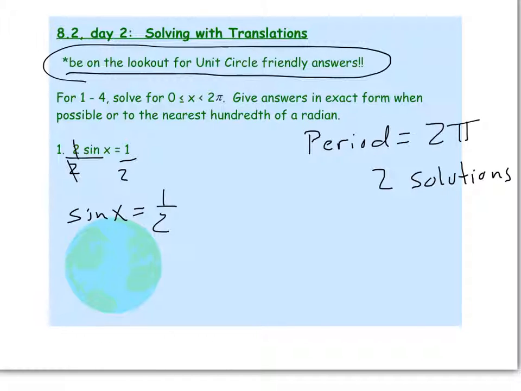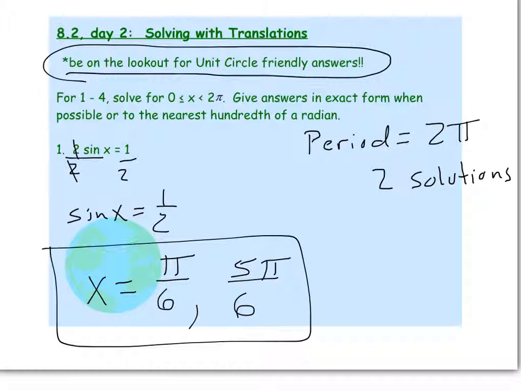There's 2 points on the unit circle, in radians we're talking here: pi over 6, that has a sine value of 1/2, and 5 pi over 6. And I know I'm done at that point because I've been paying attention to the period of the graph. It hasn't been changed. There's 2 solutions, and I know I've got both.